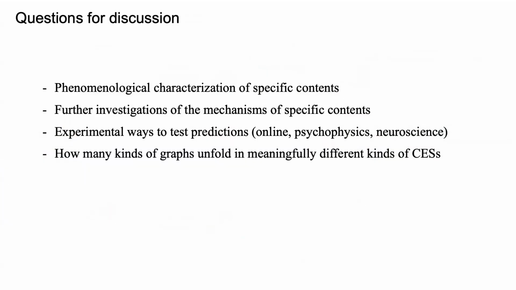And here are some prompts for discussion: ideas on how to better characterize specific contents of our experience from phenomenology, ideas on further investigation of mechanisms of specific contents, experimental ways to test predictions with online experiments, psychophysics, and neuroscience, and how many kinds of graphs we really have to analyze to account for all the contents of experience. Thank you.